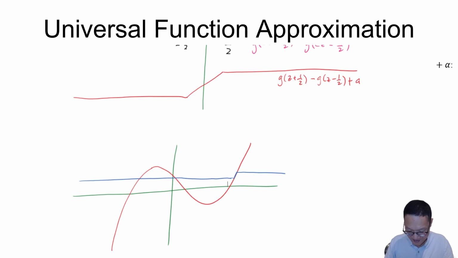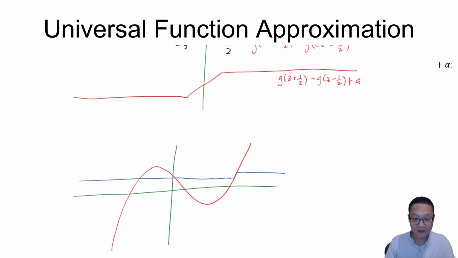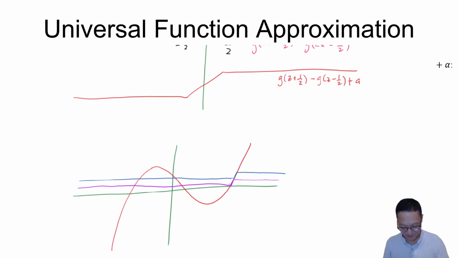So for example, we can have this little piece, and we can also have another little piece over here, let's say. We could have these two functions.